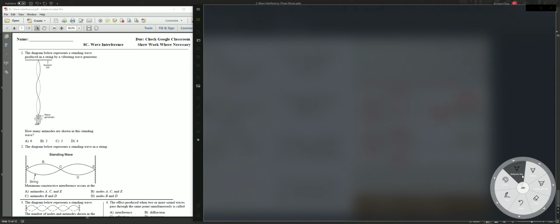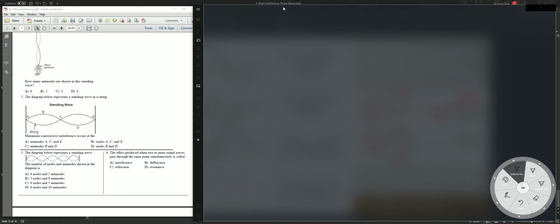Number two, maximum constructive interference occurs at which nodes? So there are 2 waves right here. Usually interference doesn't happen at nodes.